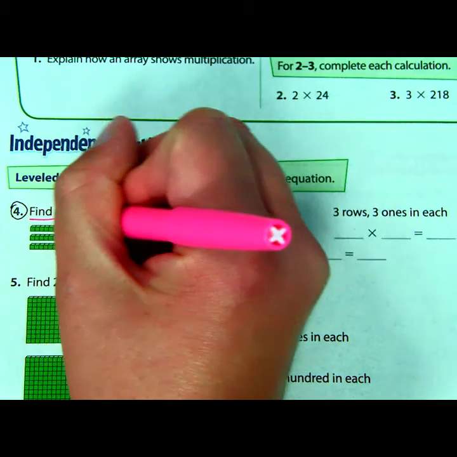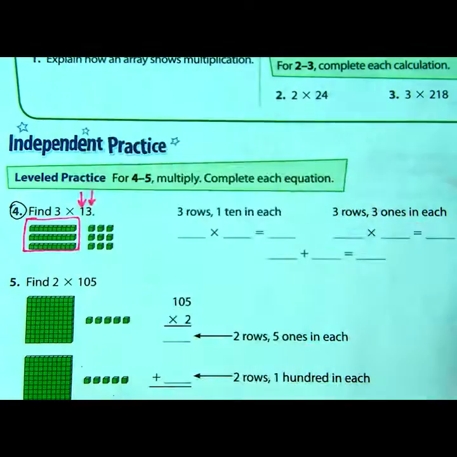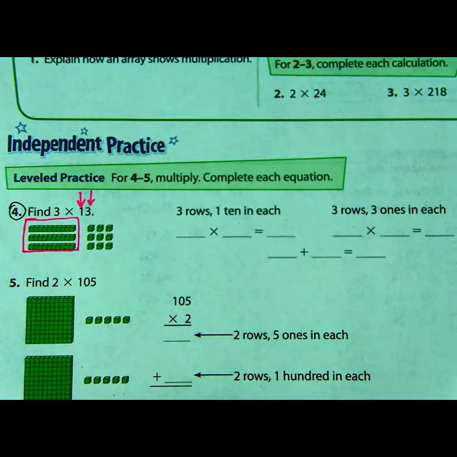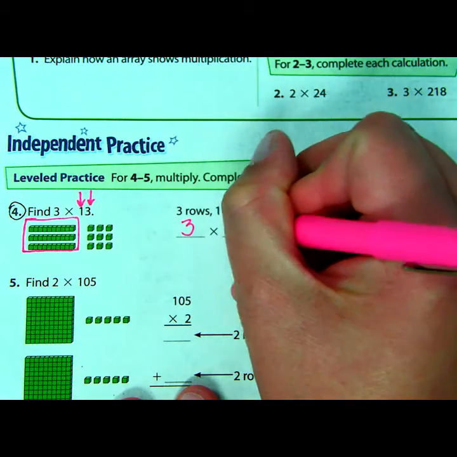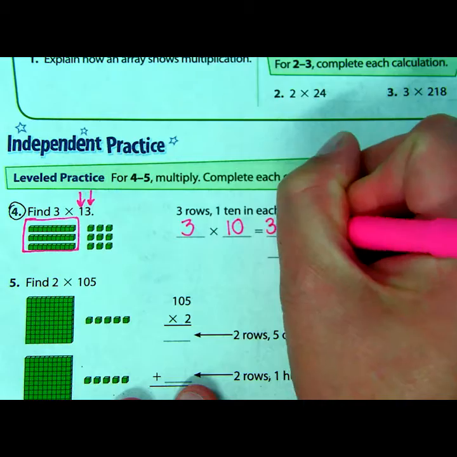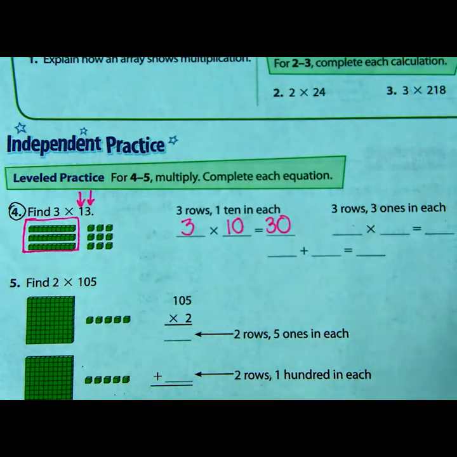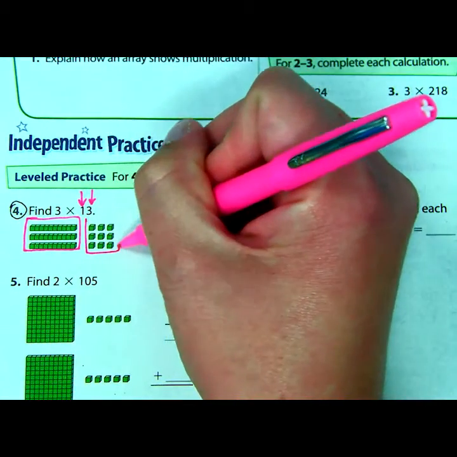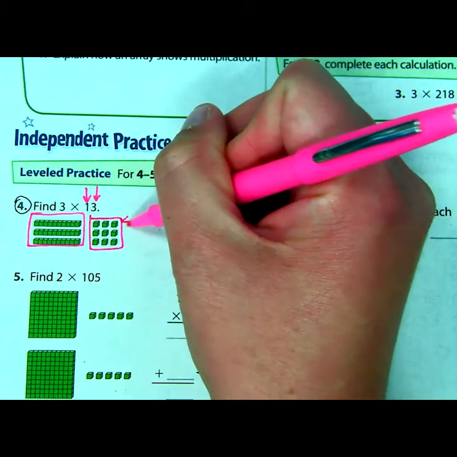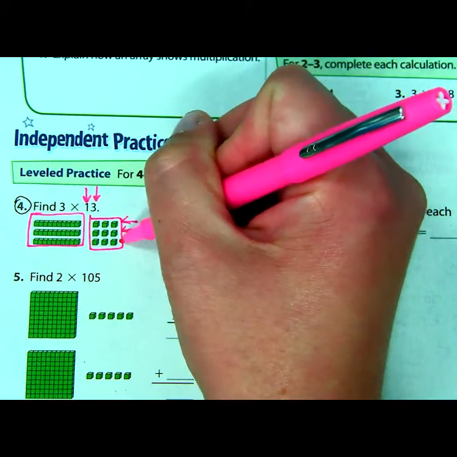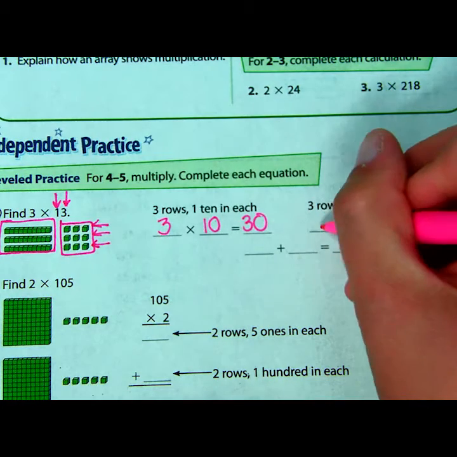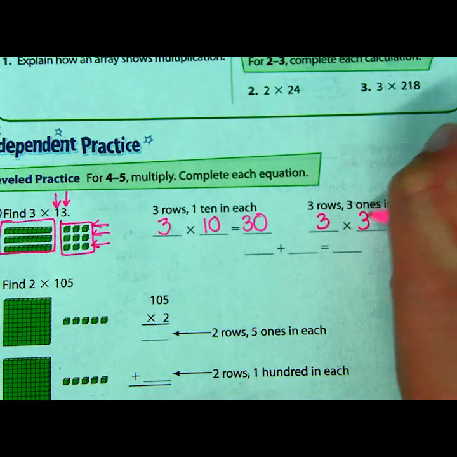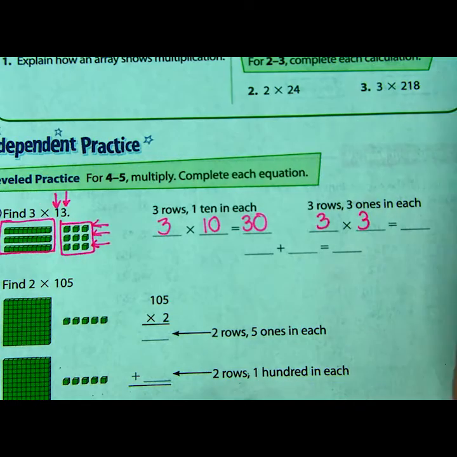So let's first look at the tens, these rods right here. We have 3 rows of 1 ten in each, which would be the problem 3 times 10, and we know that's equal to 30. Then we have this part over here, 3 rows with 3 single units in each row, which would be the multiplication 3 times 3, which we know because we've been practicing our basic facts is equal to 9.